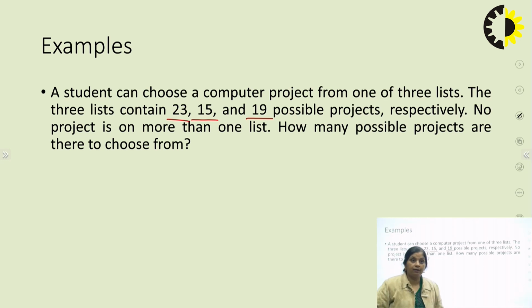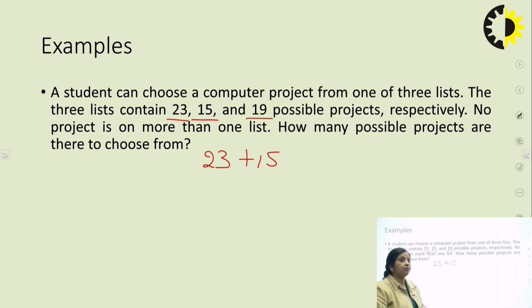So a student has to choose the project from one of the lists, and how many options are there on those lists? First is having the 23 options. It means it is one way of doing the thing, or the student can choose from the second list. In second we are having 15. So these are different ways of doing.